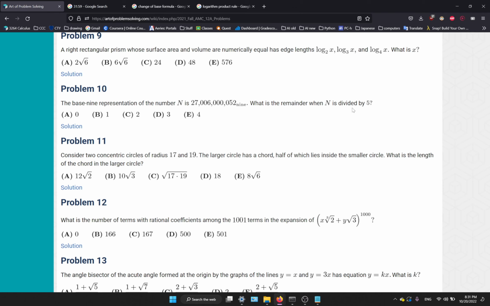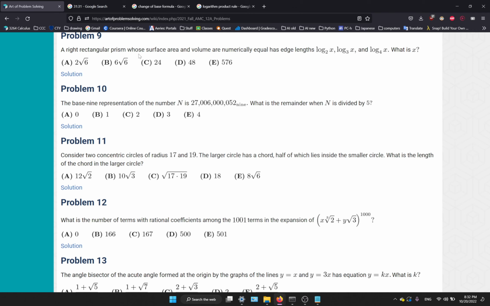Usually in base 10, we have 111 equals 1 times 10 to the 0 plus 1 times 10 to the 1 plus 1 times 10 to the 2, right? That's base 10. But in base 9, this number actually equals 1 times 9 to the 0, and 1 times 9 to the 1, and 1 times 9 to the 2.